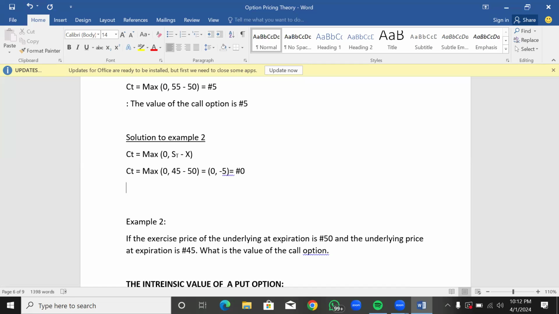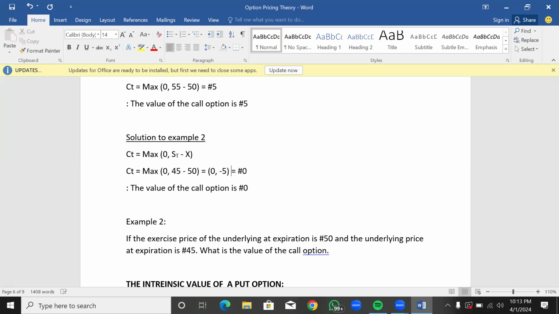Therefore, the value of the call option is 0 naira. Simple as ABC.